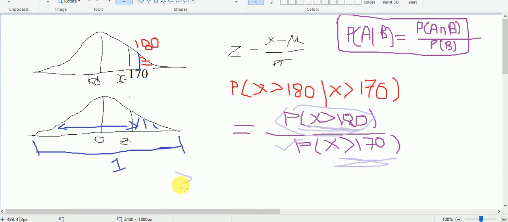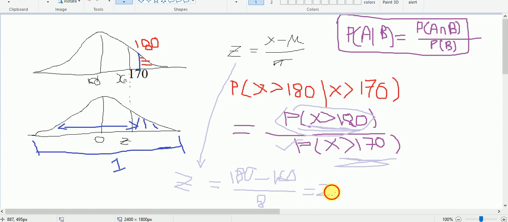You just need to find z, and with this formula x will become 180. So this becomes (180 minus 160) by 8, so it will become 2.5.